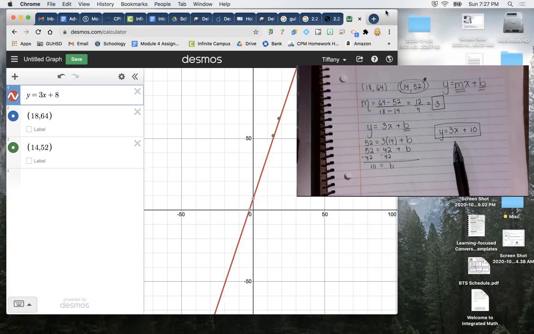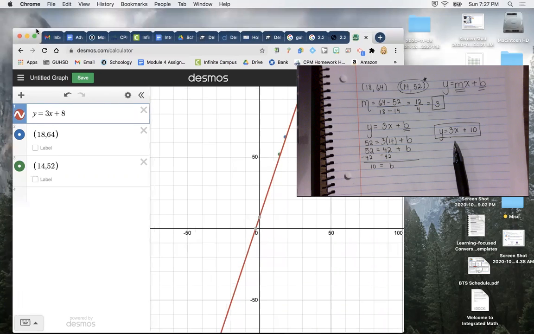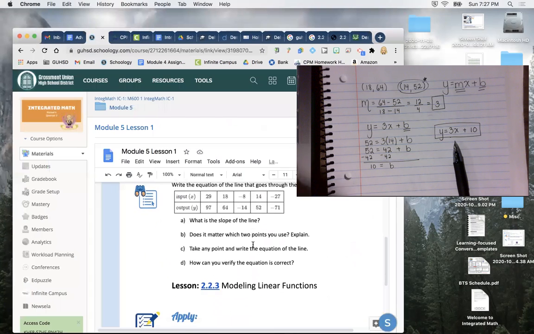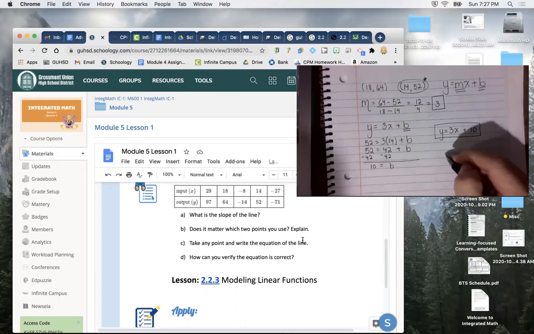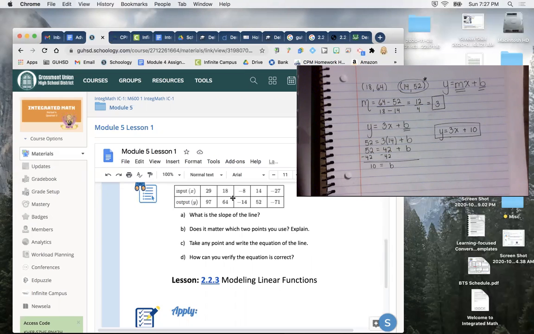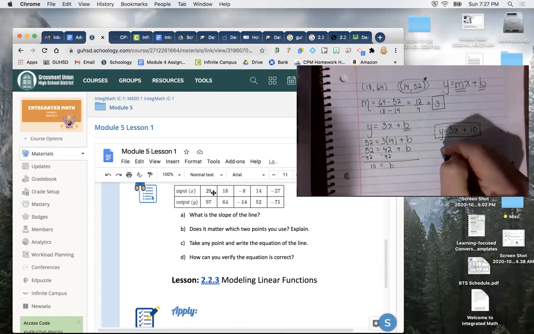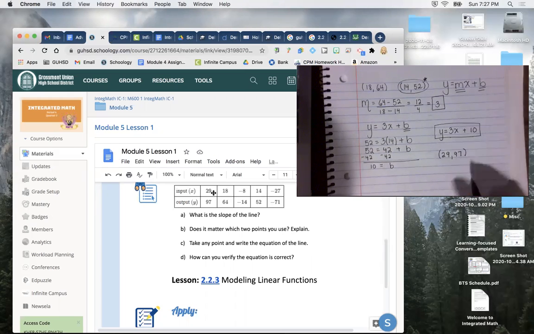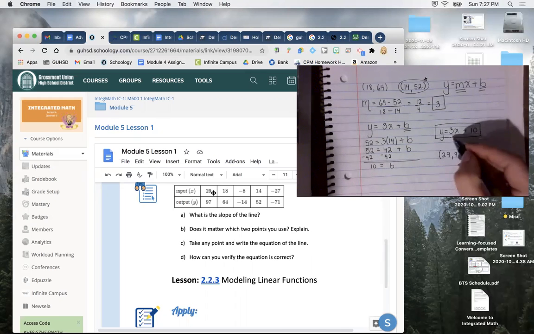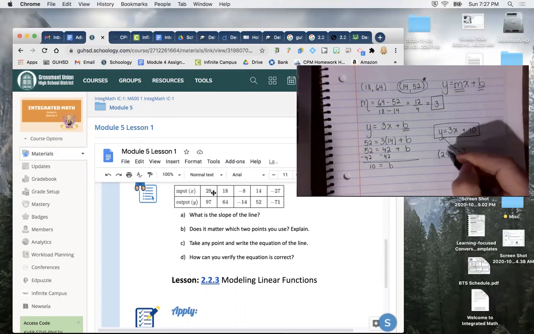So when the question asks, is there a way to check, there absolutely is. How can you verify that the equation is correct? You can graph it. Another way is to plug in one of the other points. Let's choose one that we haven't used yet: 29, 97. If this is true, then we should be able to plug it in and get that they're equal.